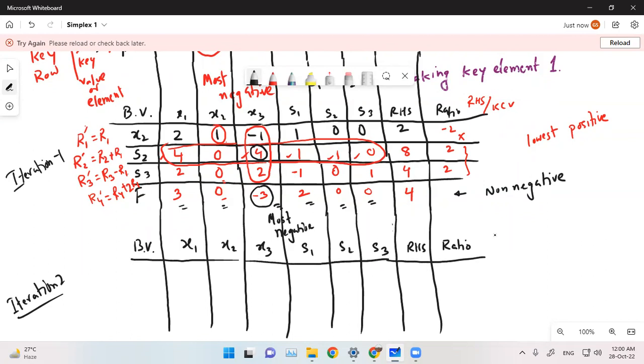Basically x3 will enter and s2 will be leaving. So x3 will be entering in place of s2. So s2 will be leaving. So here we'll have x2, then you'll have x3, then s3, and finally f.